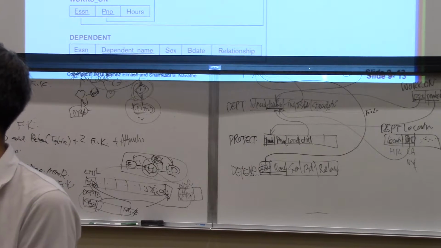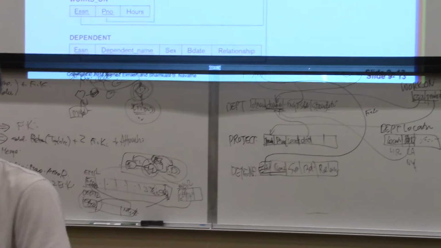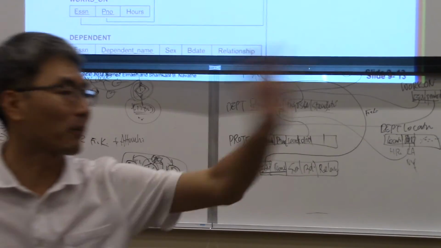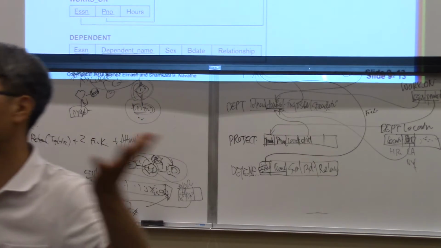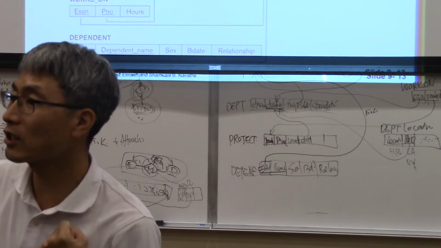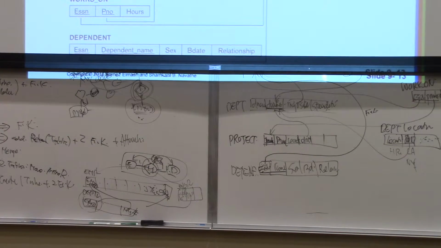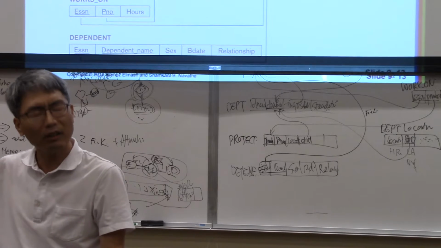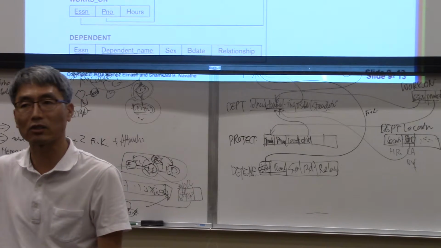You don't know where the data is, and if your address is here and there, you need to update every time. Also, if you have such duplicate data and you remove this, all the data may be removed. That is called the anomaly. We will see more of such anomaly situations later.